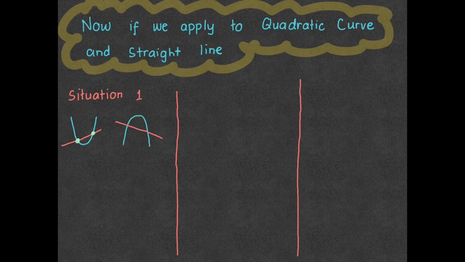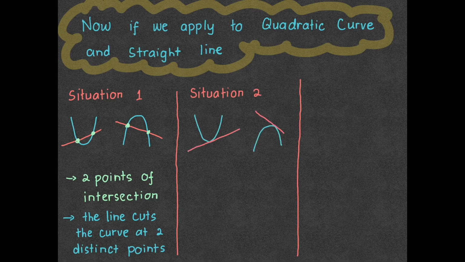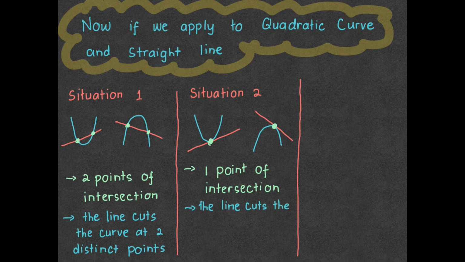Now, what if we apply the quadratic curve and a straight line? Look at these three situations below. Situation 1: you are given a line and a curve, and the line cuts the curve at two distinct points. Situation 2: the line touches the curve at one point only.